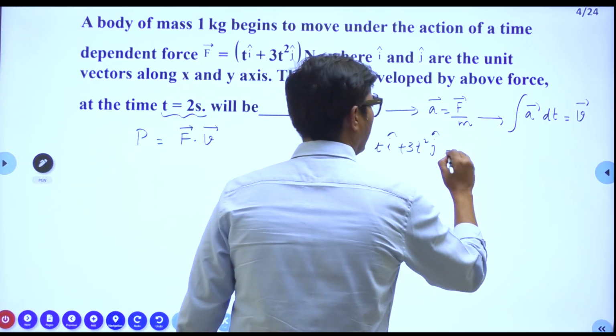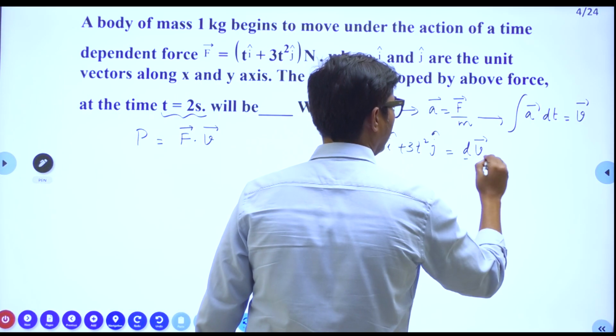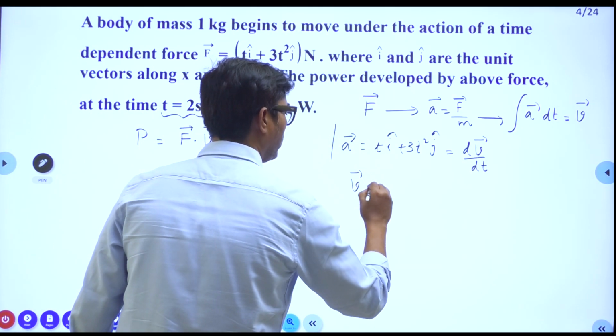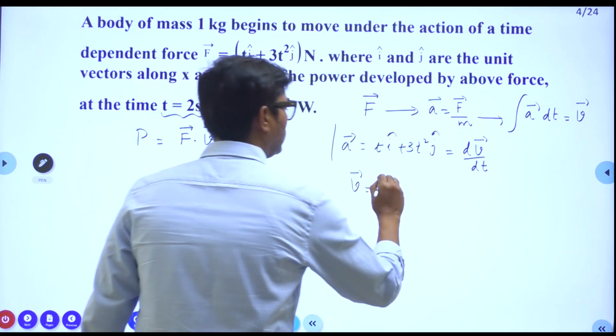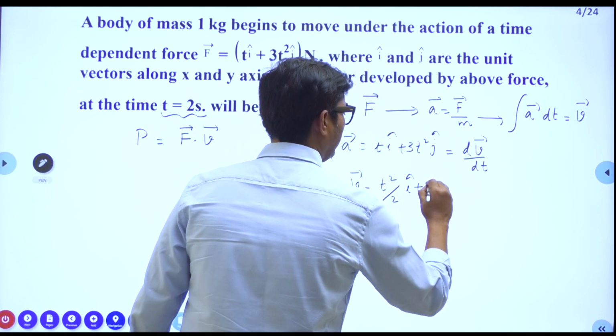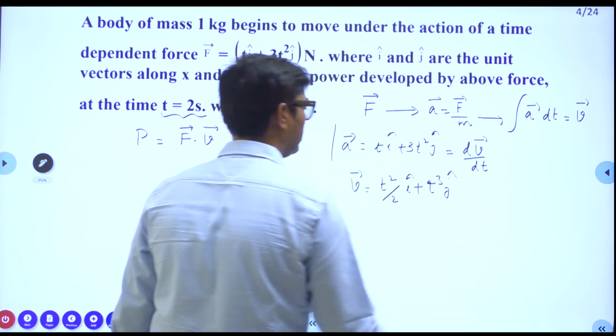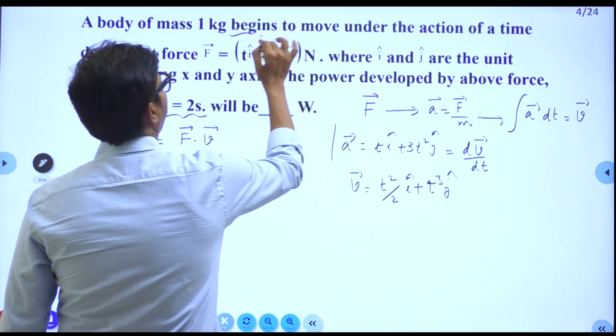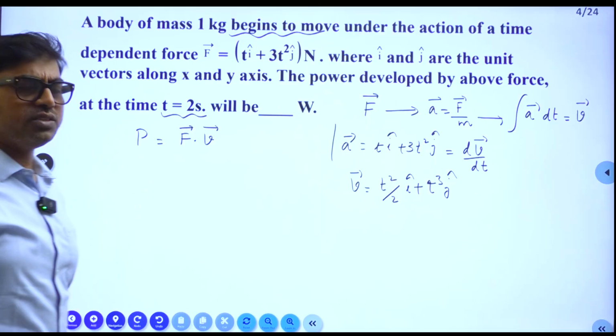This you write as dv bar by dt. Alright. And then rearrange terms. You will get v bar equals t square by 2 i cap plus t cube j cap. That is going to be velocity at any time t, assuming initial velocity is 0. Begins to move, no? That means initial velocity is 0.